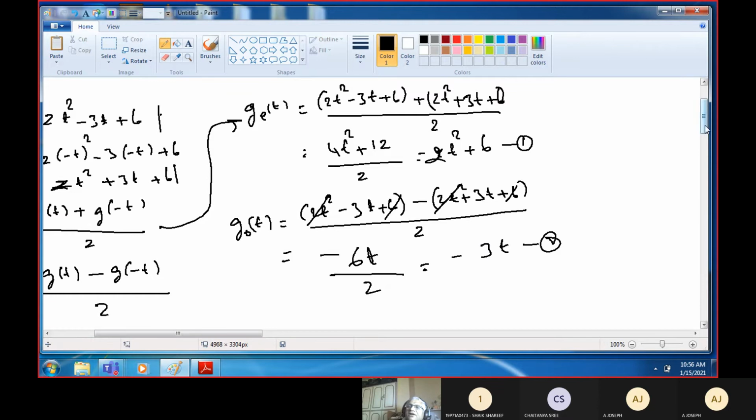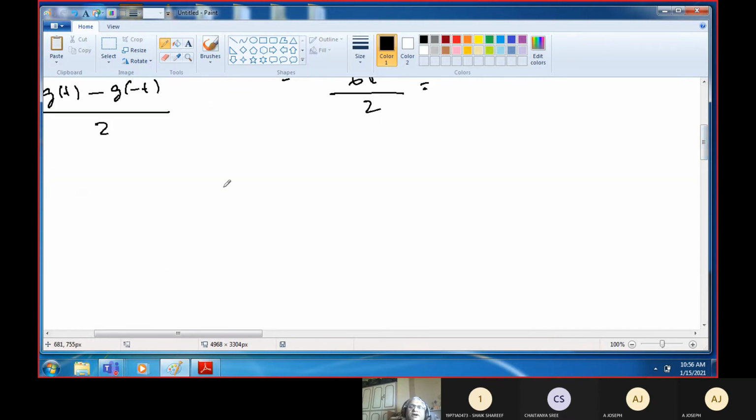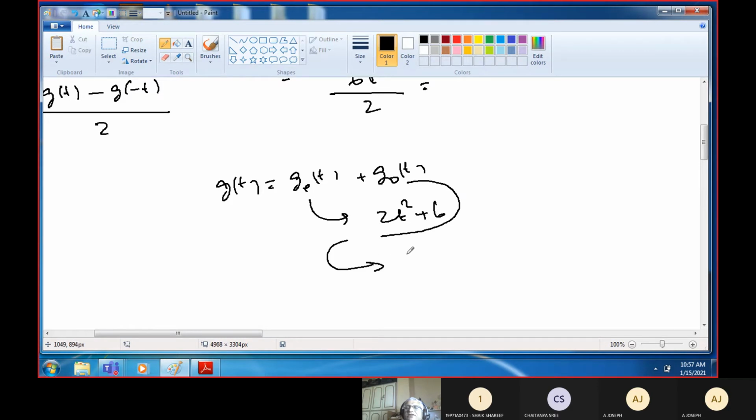Okay. Now what we do is g of t can be written as even part of t plus odd part of t, where the even part is equal to 2t square plus 6 and the odd part is equal to minus 3t.